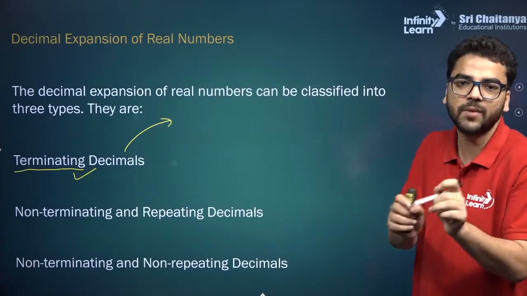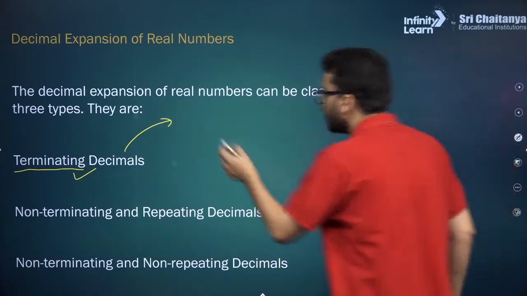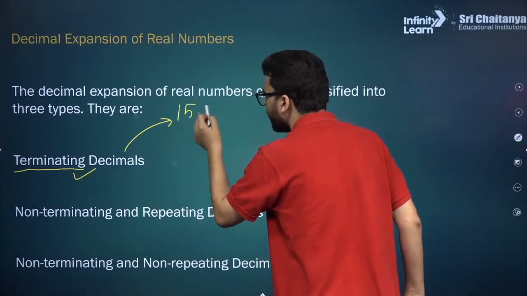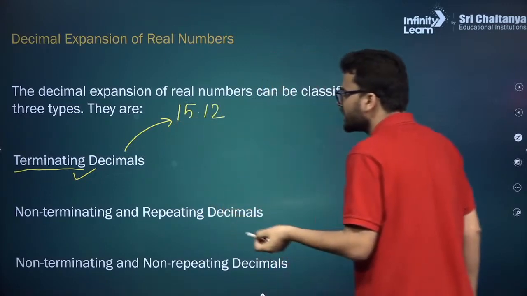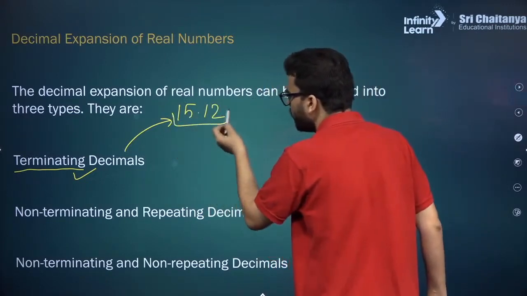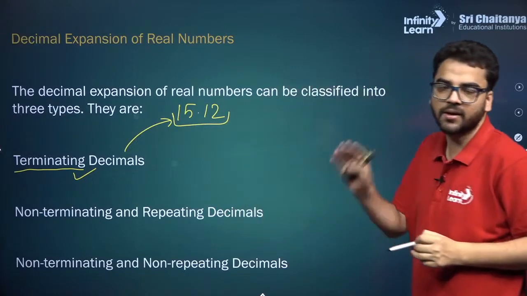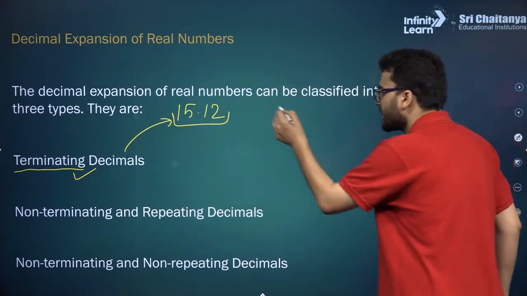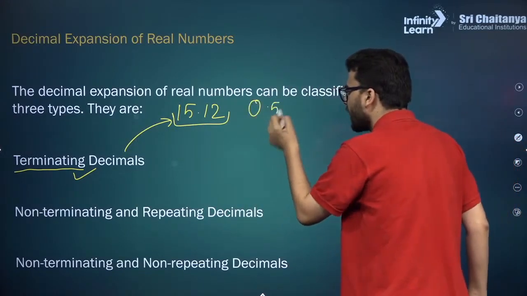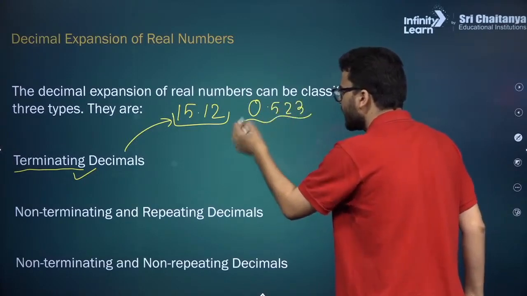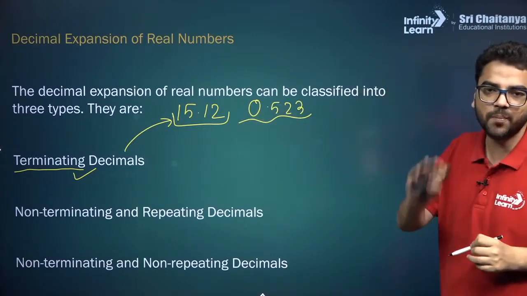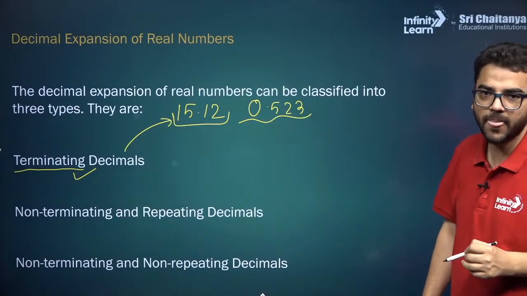So if I have 15.12, this is a terminating decimal representation because after 2 places of decimal it is stopping. For example, 0.523 is a terminating decimal representation because it is stopping after some places of decimal, right?